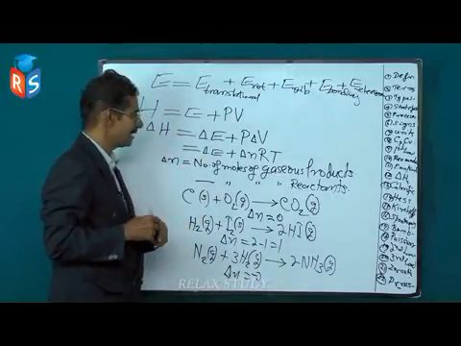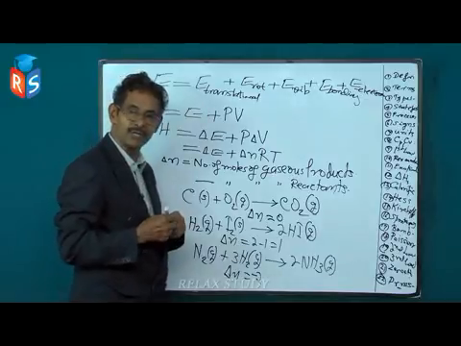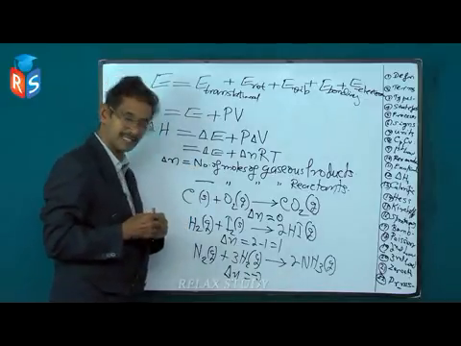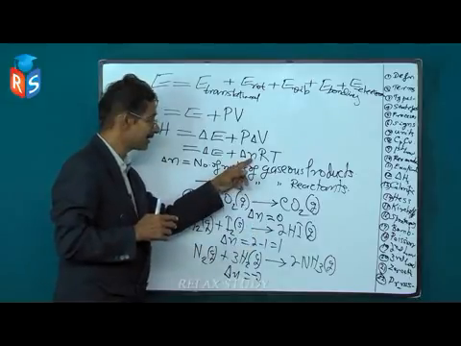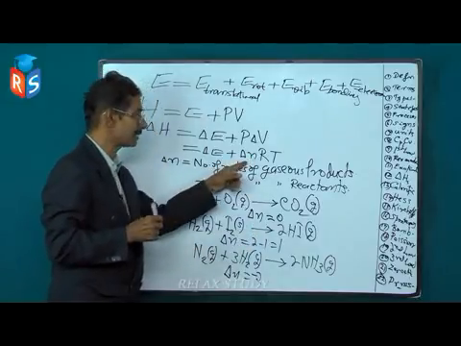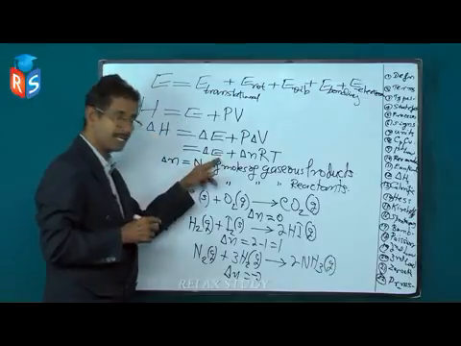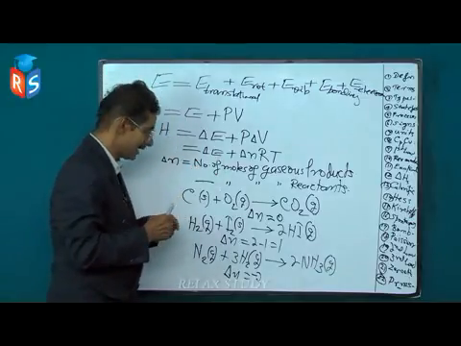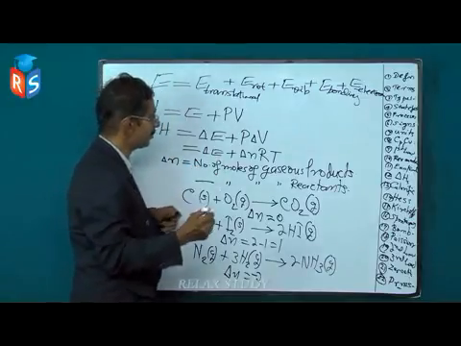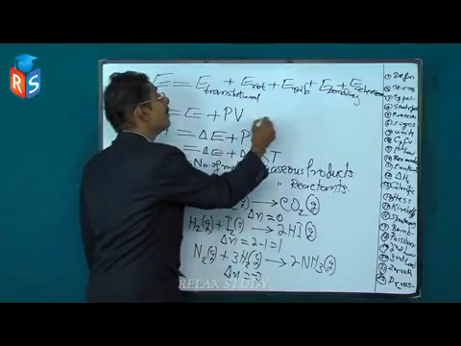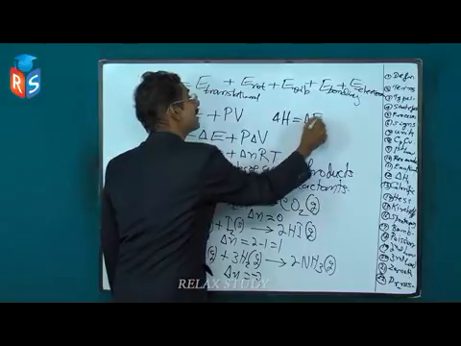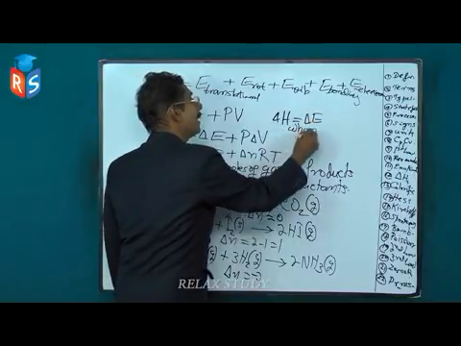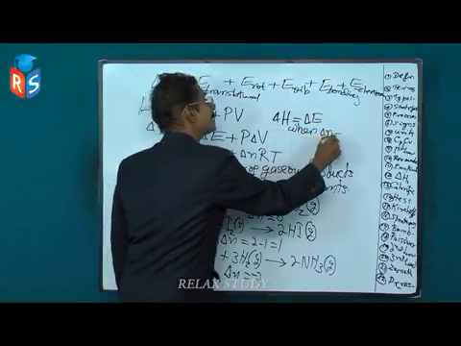And in some reactions, if you have to find out whether the values of delta H and delta E are the same, you have only to look for the value of delta N. If delta N for the reaction happens to be 0, that means delta H equals delta E. The condition is when delta N equals 0.